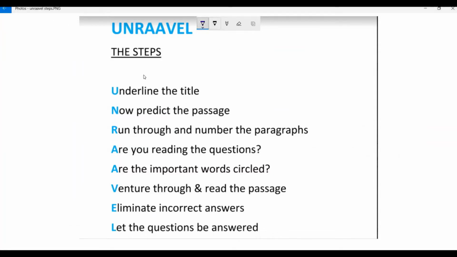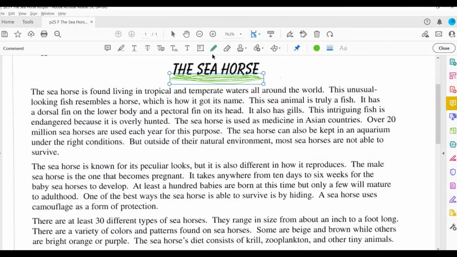So we can go ahead and cross out this first step, which is underline the title. We can cross out predict the passage. Now we want to run through and number the paragraphs. So get your pen.